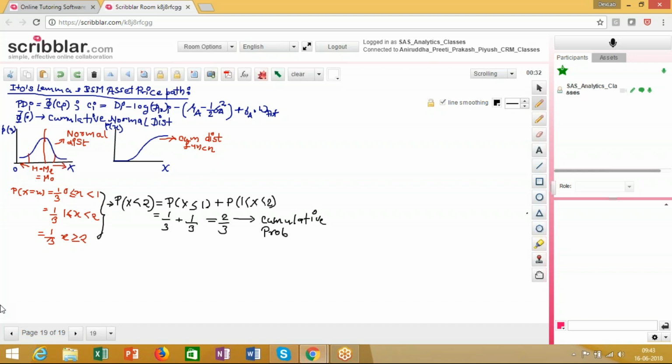Therefore, this is known as a cumulative distribution function. So this phi is a cumulative normal distribution function because this Wiener process W(t) follows a normal distribution with mean 0 and variance t.